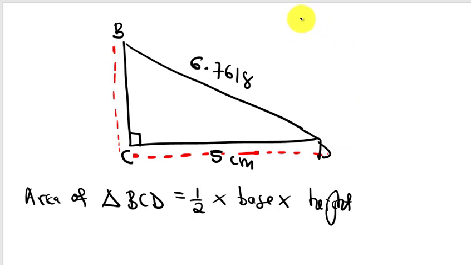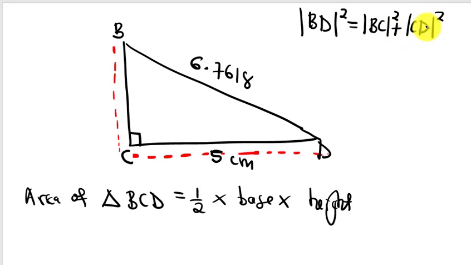From Pythagoras theorem, we can derive this equation: the square of the magnitude BD, because that is our hypotenuse, will be equal to BC squared plus CD squared.